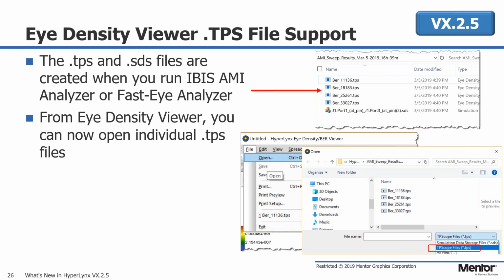And again, a lot of these are just going to be ease of use and bug fix type things. So there's another ease of use, adding the ability to look at TPS files in the iDensity viewer. These would be created during the IBIS-AMI analysis. So you have to generate those scope files, bring those back into the viewer, and compare them.